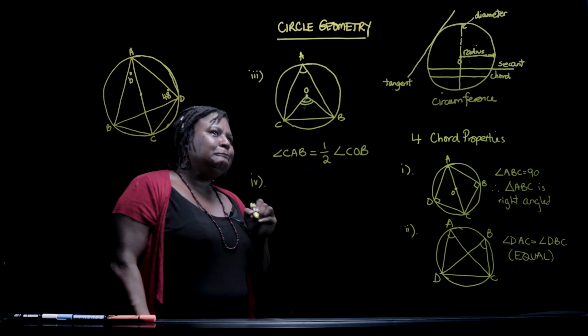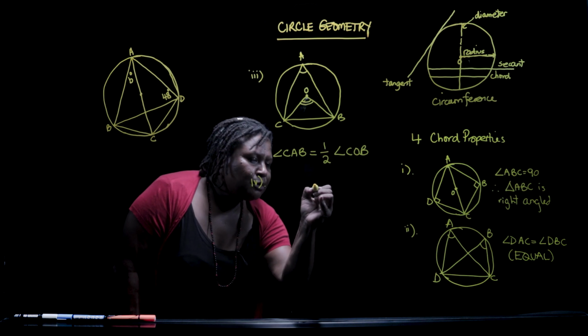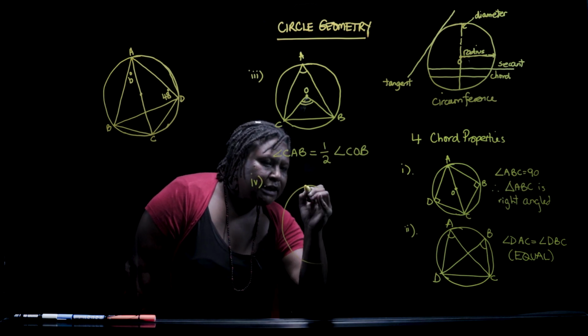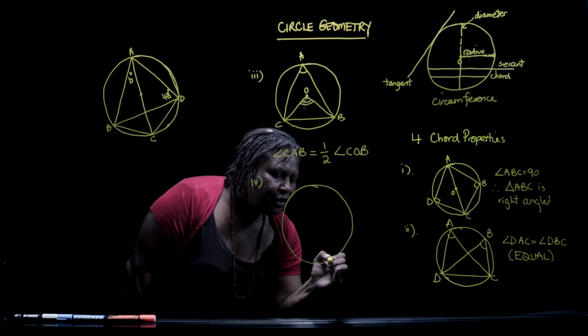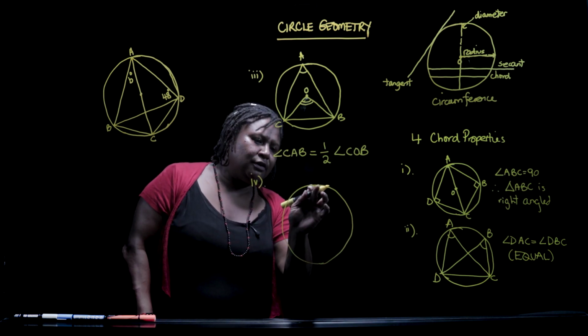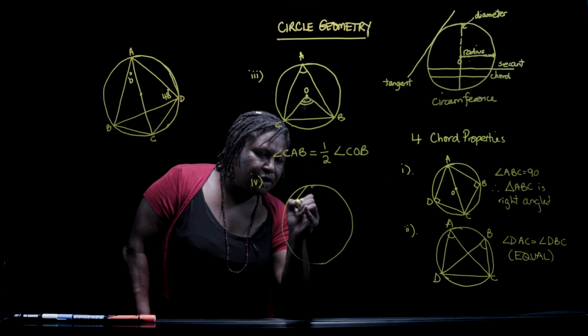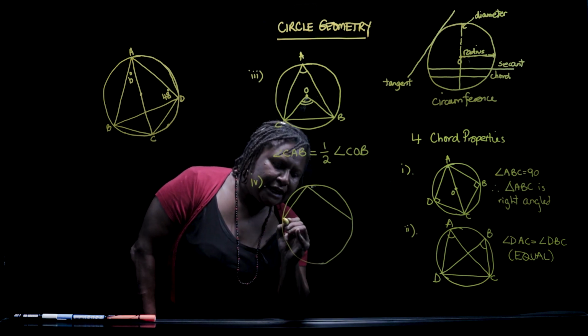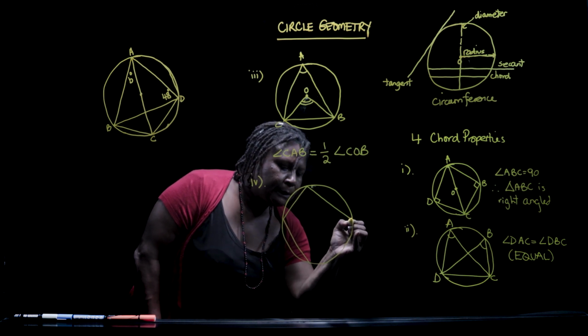We're almost done. Now, this one is probably the easiest one to remember. If I have a quadrilateral drawn inside of a circle, those quadrilaterals are referred to as cyclic quadrilaterals.